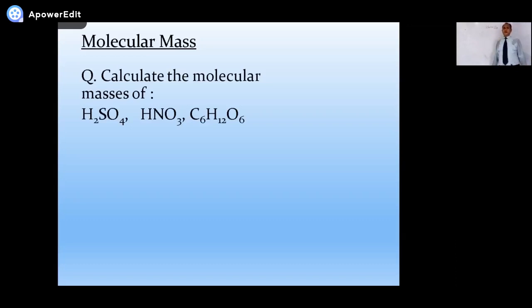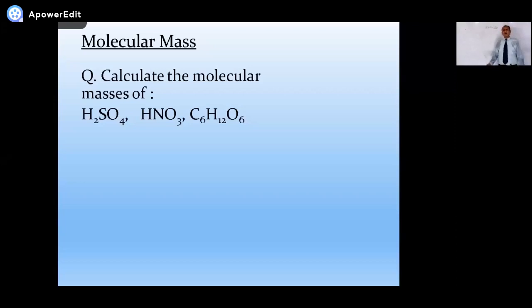Which is the first one? H2SO4. What is its name? Good, sulfuric acid. Now it is asked to find the molecular mass of sulfuric acid.